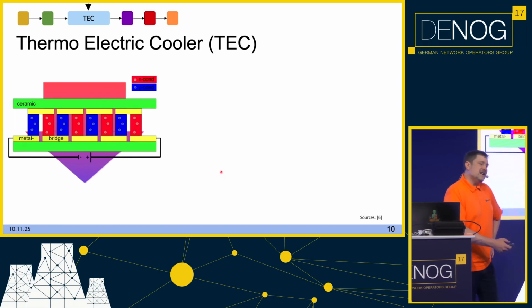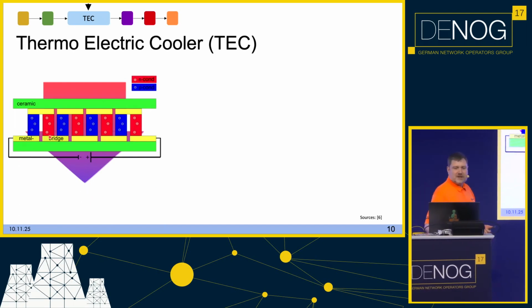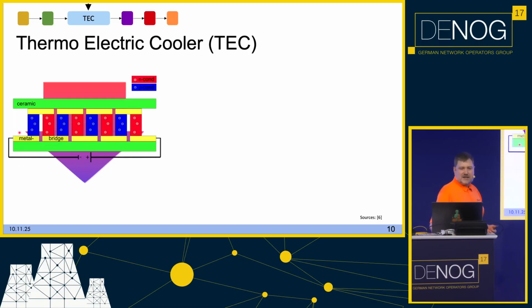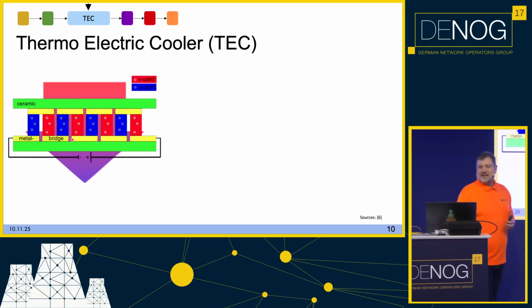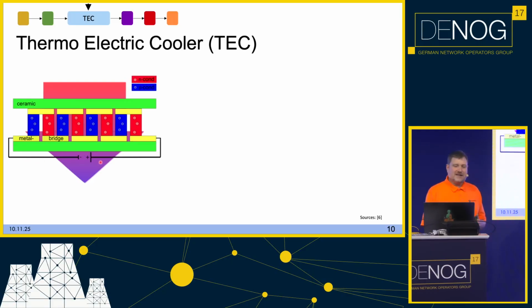Well, you basically have some metal bridges, you put a voltage here, and with this potential of energy and some semiconductor blocks, some P and N doped semiconductor, if the current flows through this structure, what you get is a cold and a hot side, which means you are inducing a heat flow. And you have your laser sitting below, which is being cooled down, while the heat is being extracted.